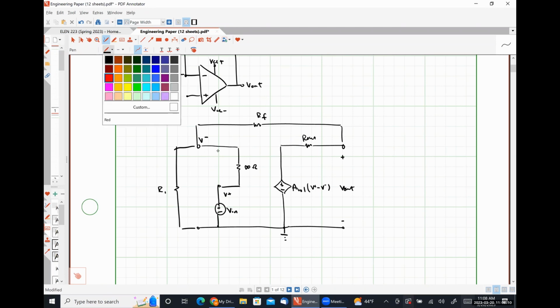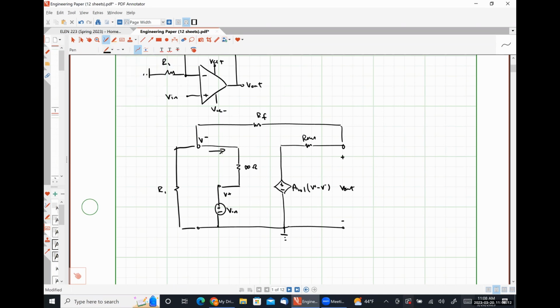So we know this current has to be 0 amps because it sees an infinitely large resistance.